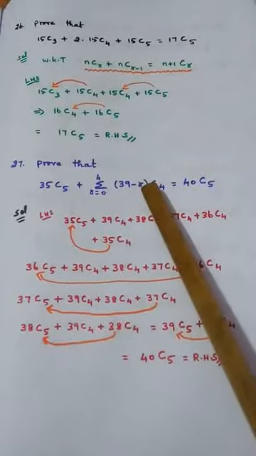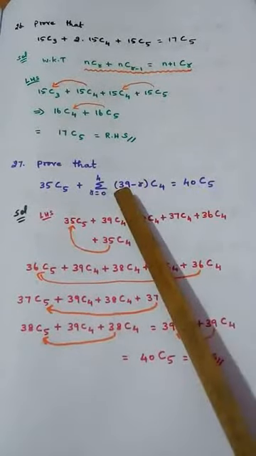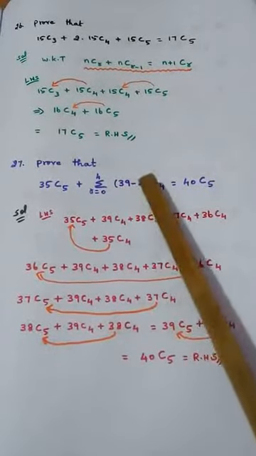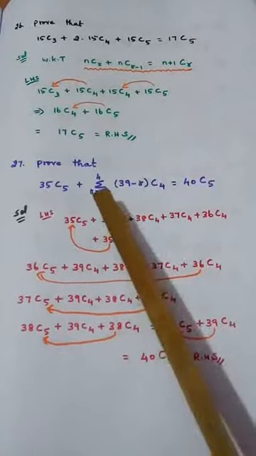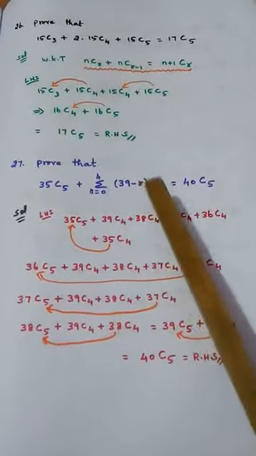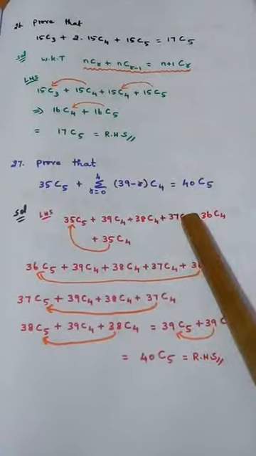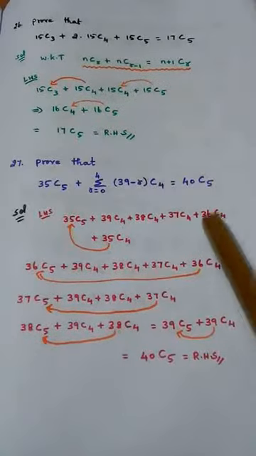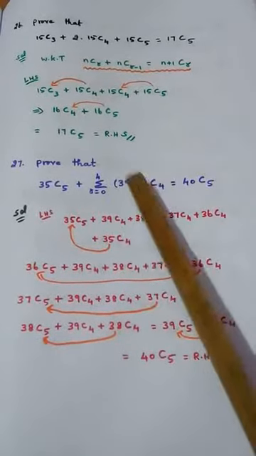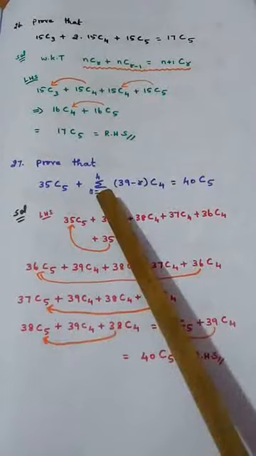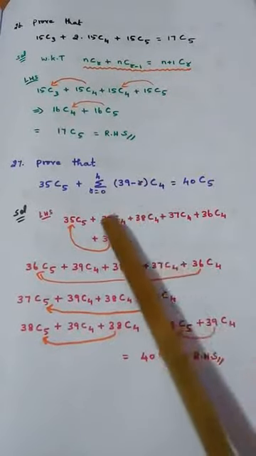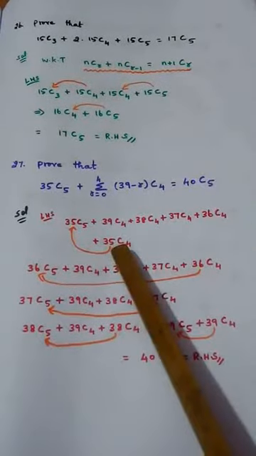First put 0 here: 39 minus 0, 39C4. Then put 1: 39 minus 1, 38C4. Put 2: 37C4. Put 3: 36C4. Put 4: 35C4. So substituting one by one, we get 5 terms like this.